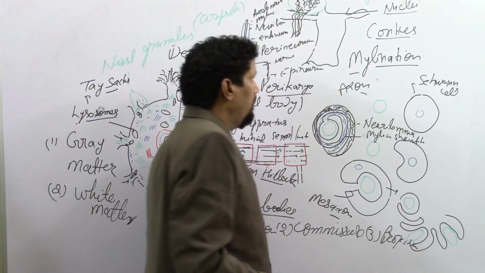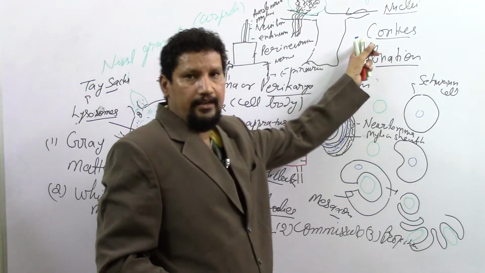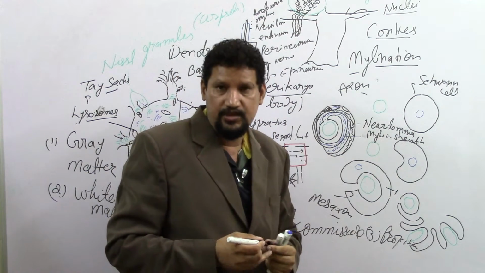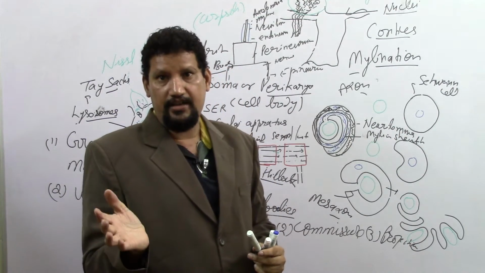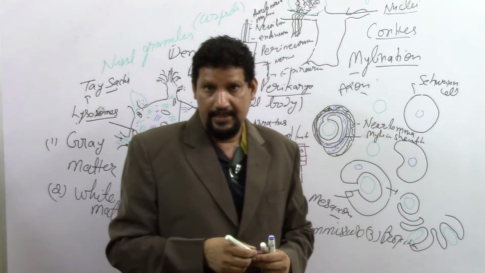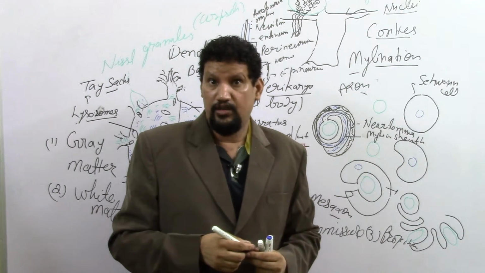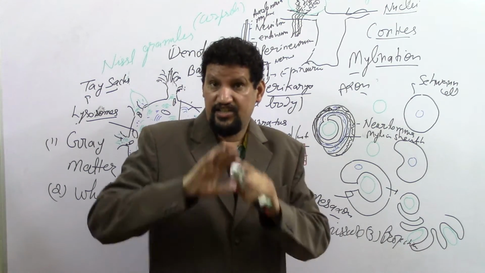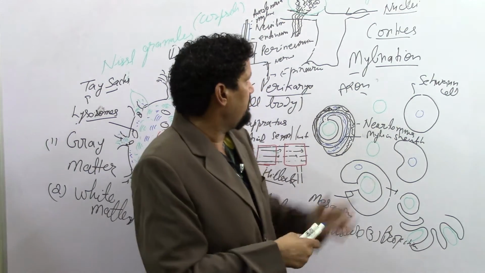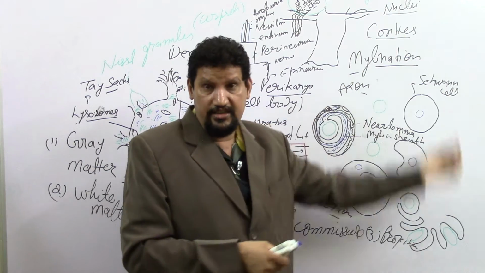In the case of the superior colliculi, cerebellum and cerebrum, the outermost part is covered by a sheath of gray matter. This sheath is known as cortex or cortices.